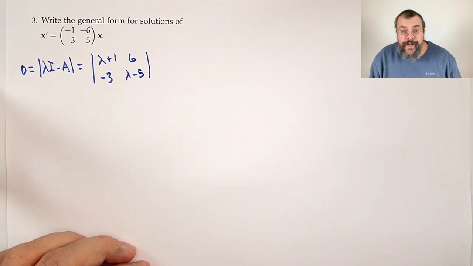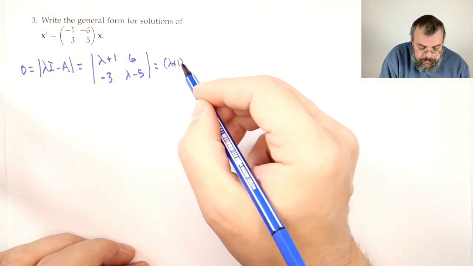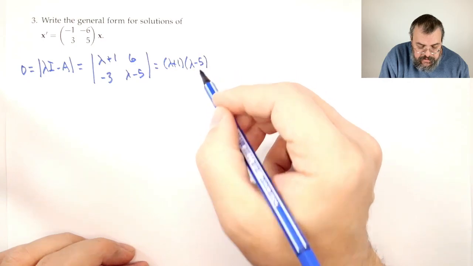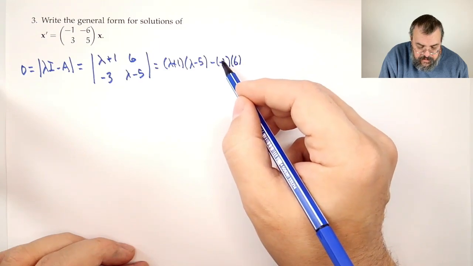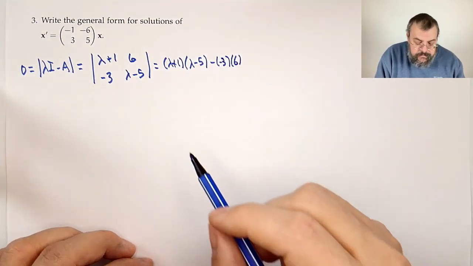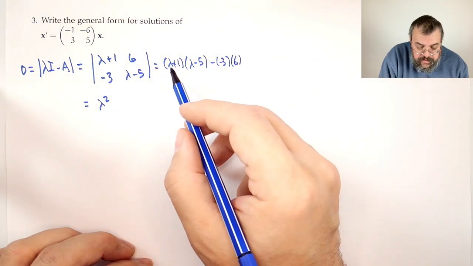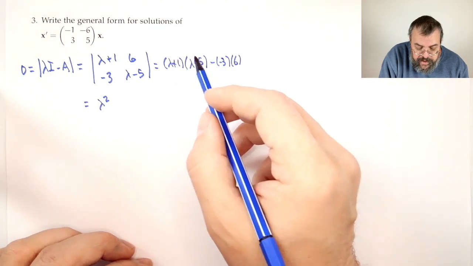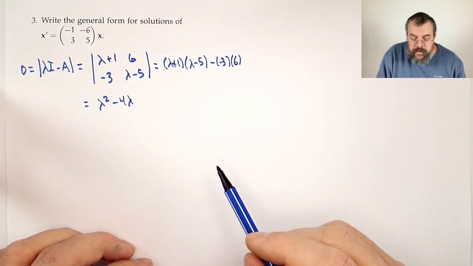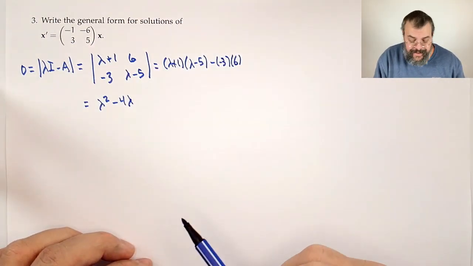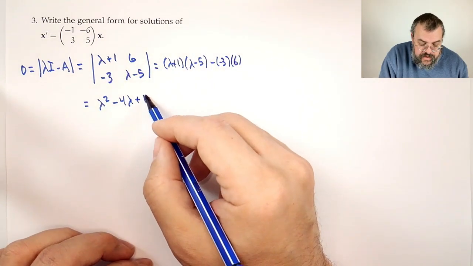Take that determinant, and we get lambda +1 times lambda -5, and then subtract -3 times 6. That becomes lambda squared, and then we have a +lambda and a -5 lambda, which makes -4 lambda, and then -5, and plus 18, right? Minus makes plus, and that's plus 13.